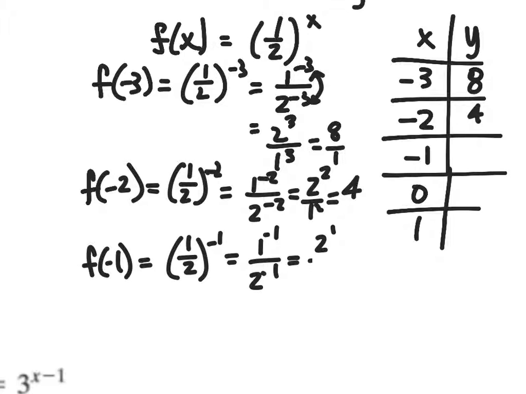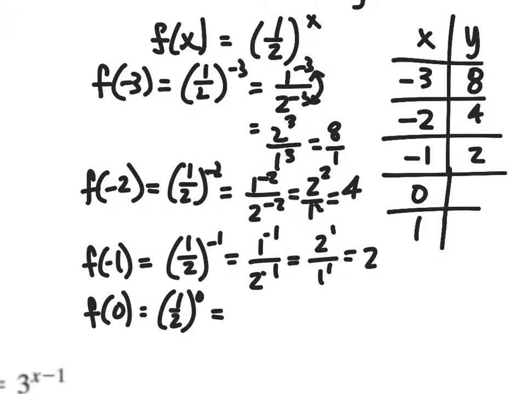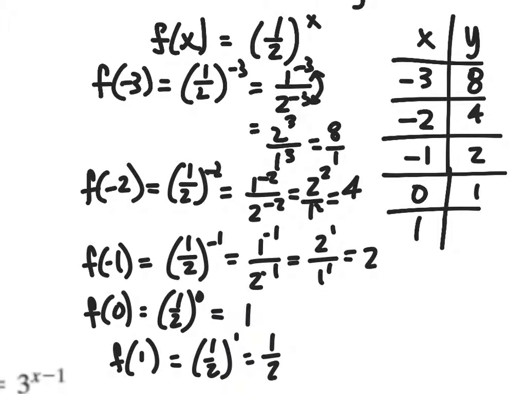This is going to be 2 to the 1st over 1 to the 1st, which is just going to give me 2. Okay. If I've got f of 0, plug in 0, I've got 1/2 to the 0 power. Anything raised to the 0 power is just going to give me 1. And then f of 1, I'm going to take 1/2, raise it to the 1st power. That's just going to give me a value of 1/2.